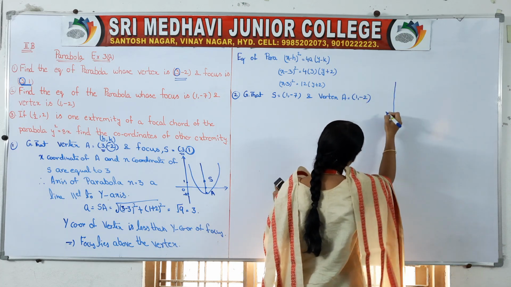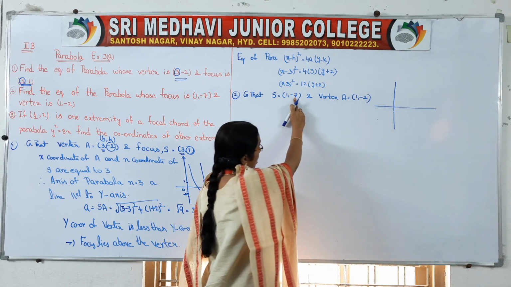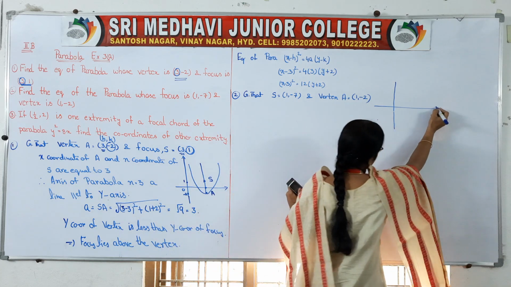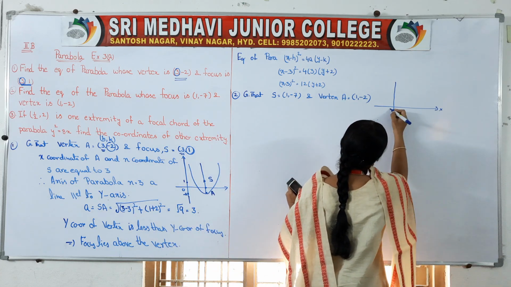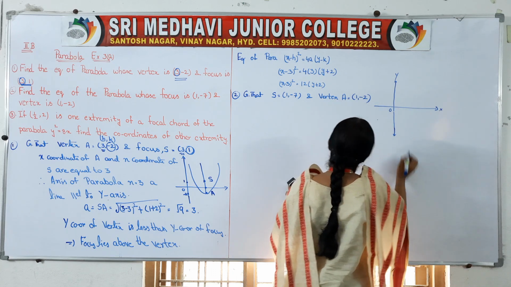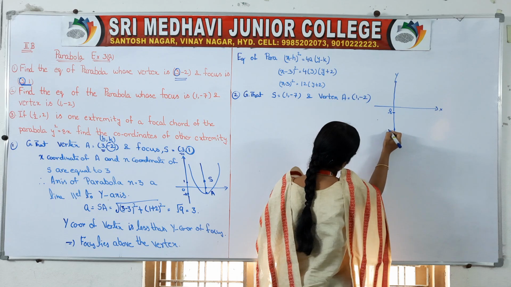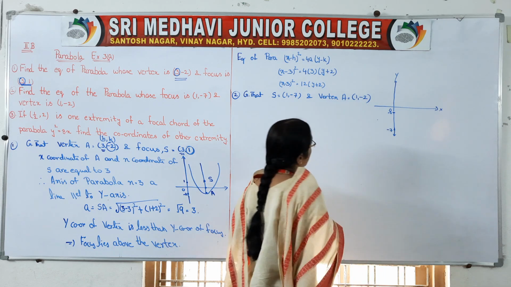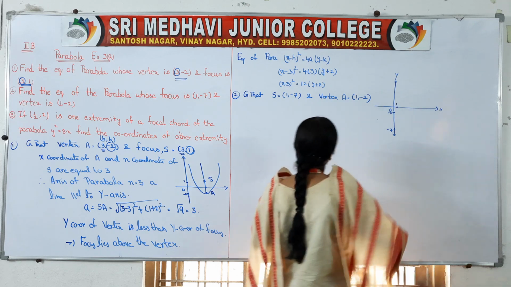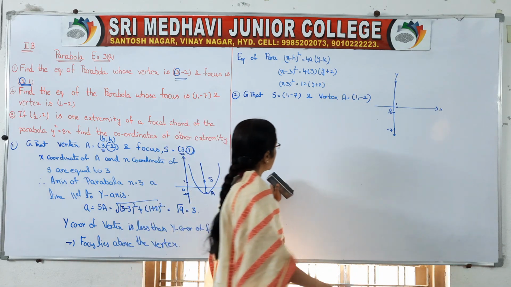Try to draw the diagram for this. Actually we are having y coordinates minus 2 and minus 7 below the x axis, isn't it? This is your x axis, this is your y axis. Suppose here we are having minus 2, suppose here we are having minus 7, right? And on the x axis 1 is there, then S is (1, minus 7).